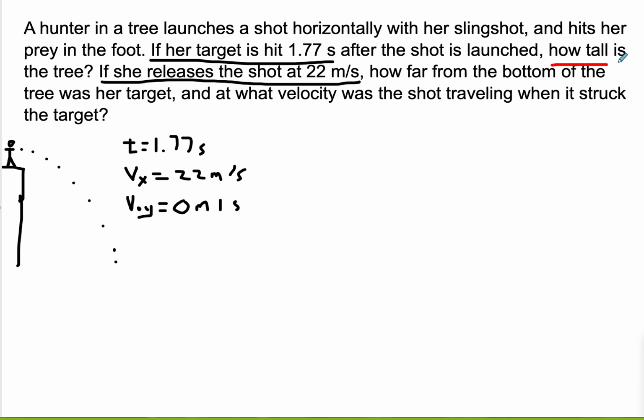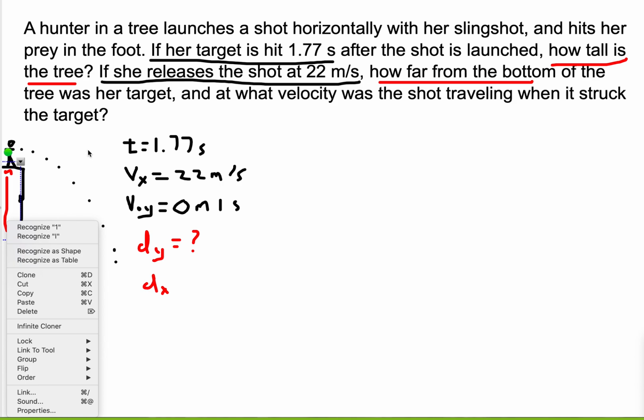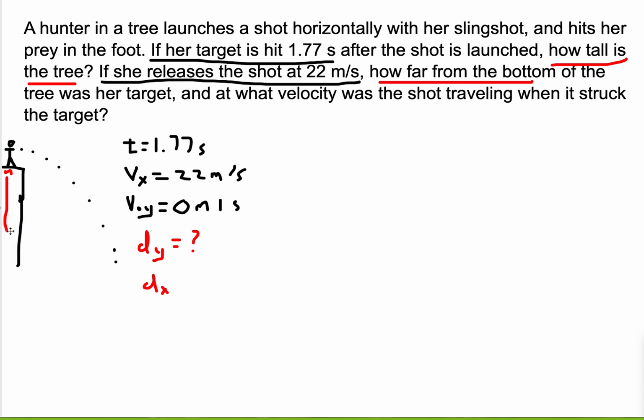And so these are the things I want to find out. It says, how tall is the tree? Well, that is dy. That's the height of the tree, right? So I want to find out how tall the tree is. I want to know how far from the bottom of the tree was her target. Well, that's dx, right? Because the how tall was this direction, and the how far from the bottom of the tree, that's this direction.